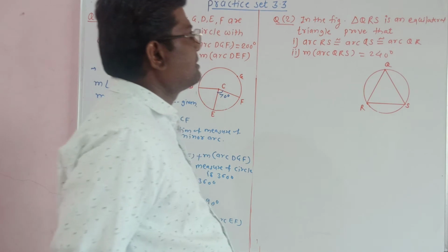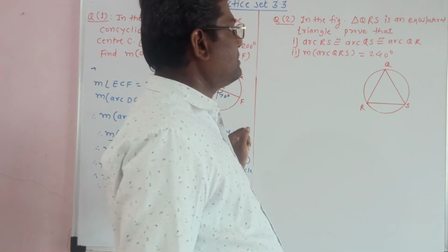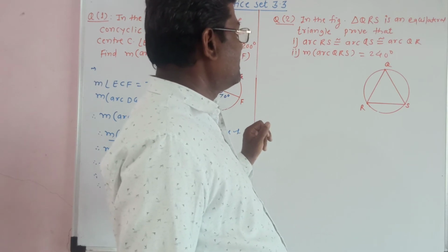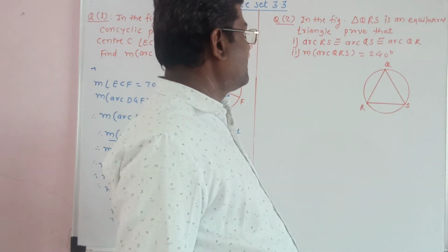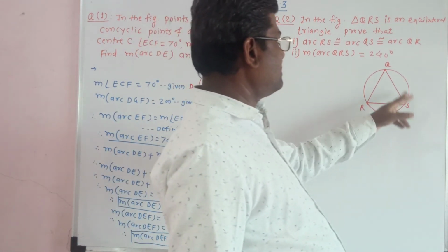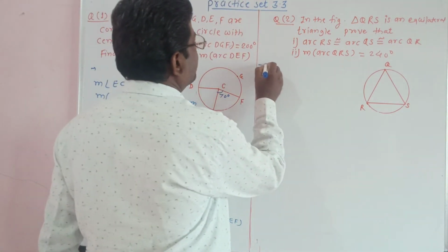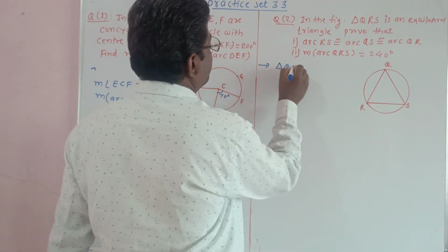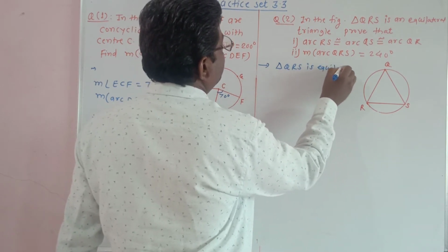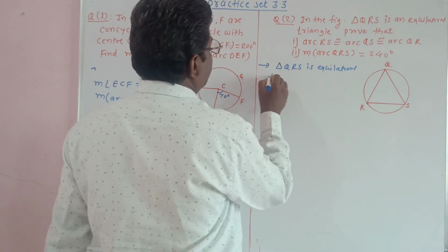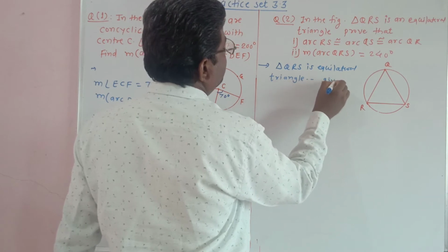Now question number 2. In the figure, triangle QRS is an equilateral triangle. Prove that arc RS congruent arc QS congruent arc QR. Now triangle QRS is equilateral triangle, it is given.